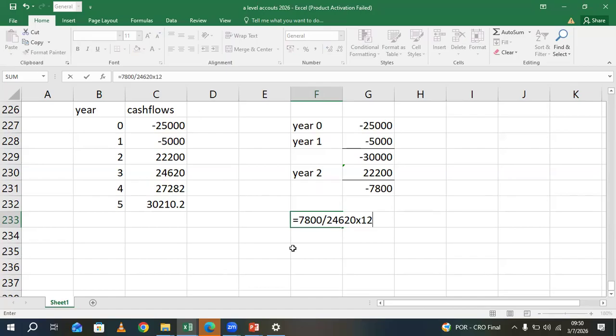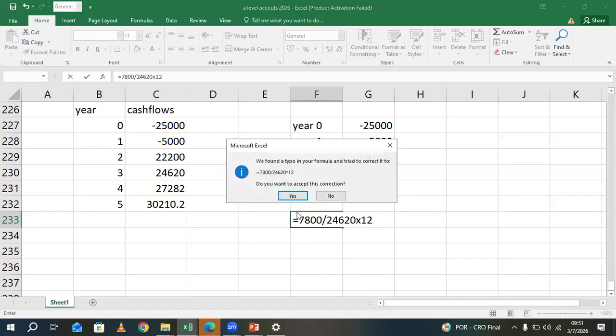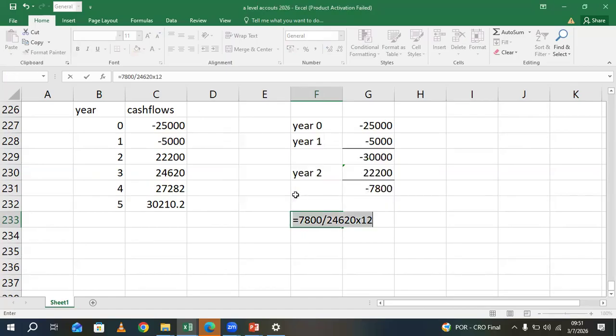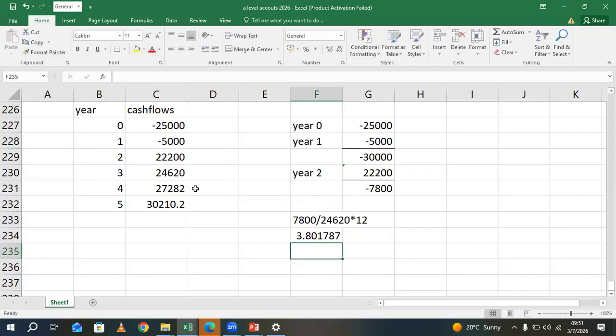That's to put it in months. So 7,800 over 24,620 times 12, that's putting it in months.